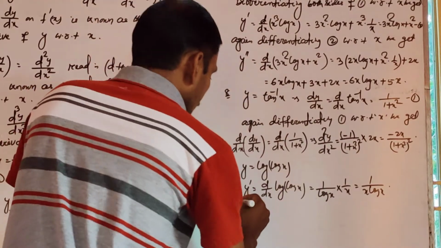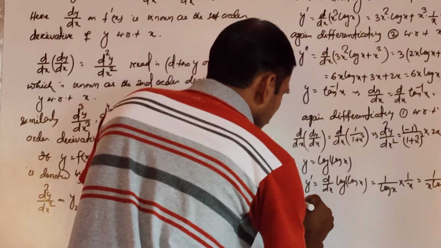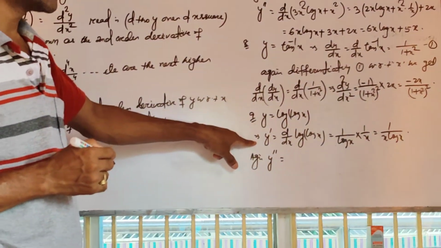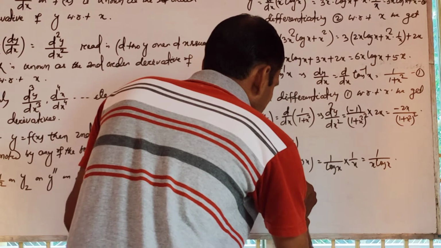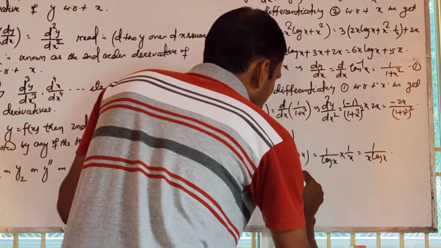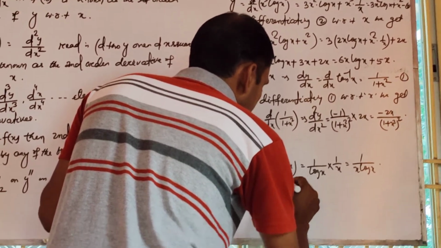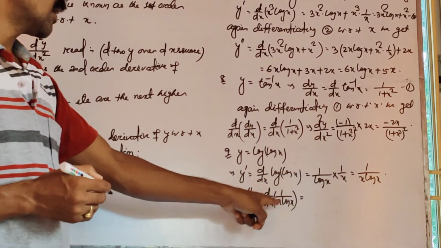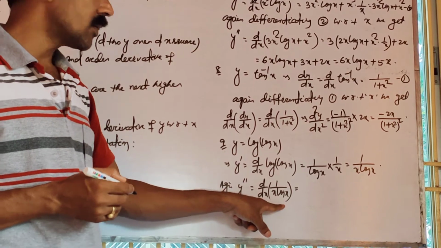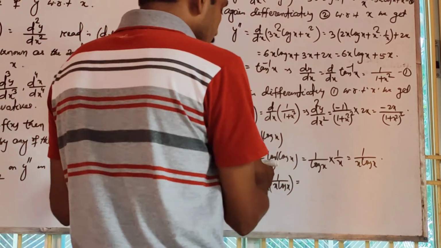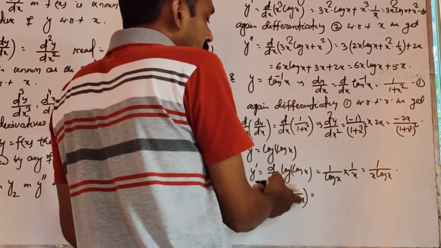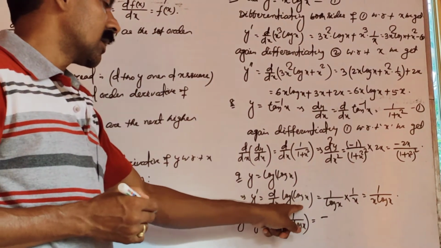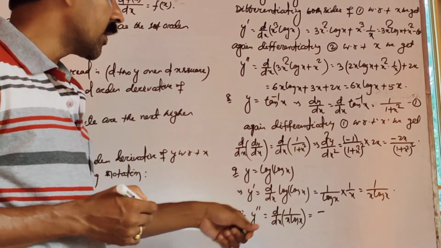Okay. Again, y double dash means again we are differentiating this. So on the right hand side, d by dx of 1 by x log x is equal to, now here we will use what? Quotient rule. So quotient rule: first the derivative of numerator, 1, that is 0, into denominator, minus numerator into the derivative of denominator.